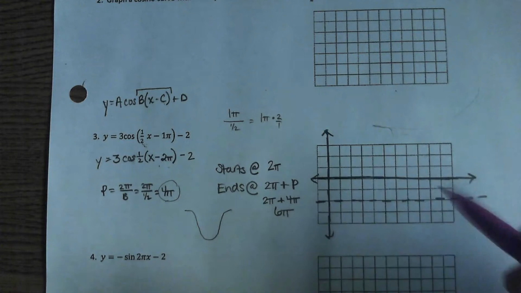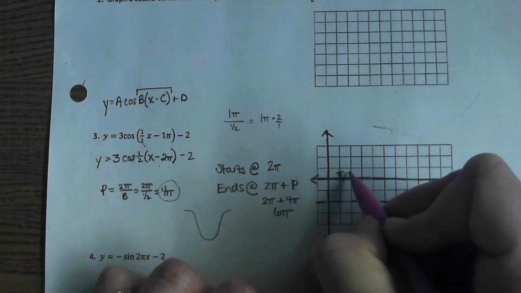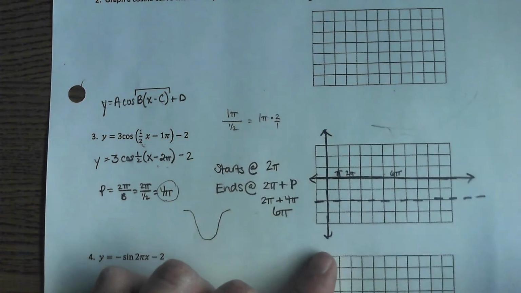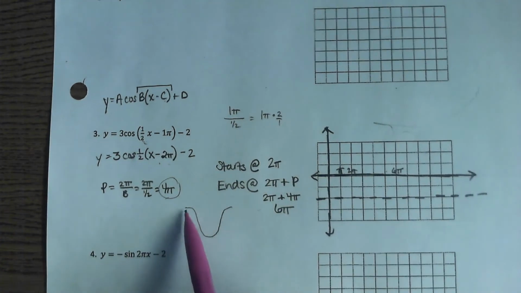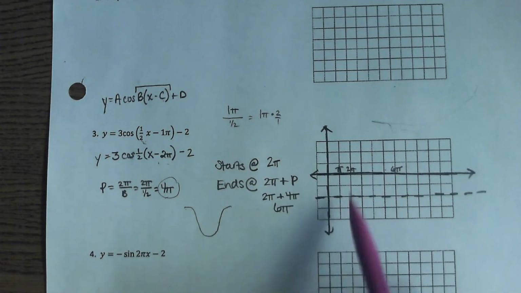But my cycle is not starting until, and I'm going to count by pi, so here's pi, 2 pi, 3 pi, 4 pi, 5 pi, 6 pi. Okay, so my positive cosine cycle is starting here on the 2 pi line.